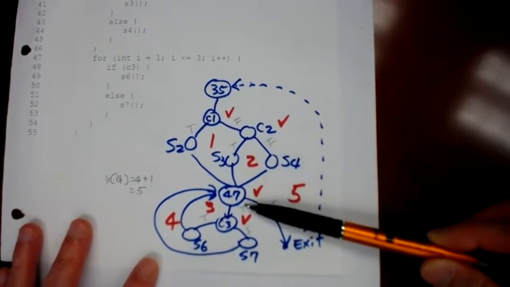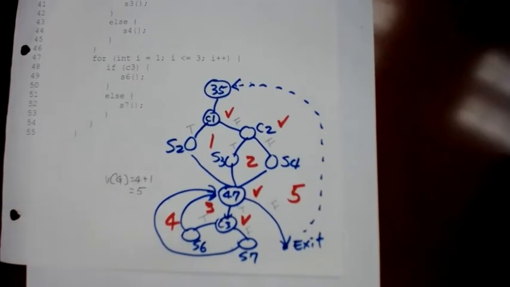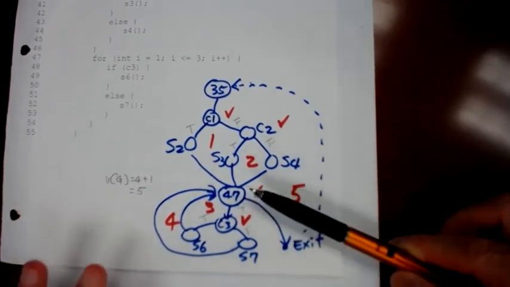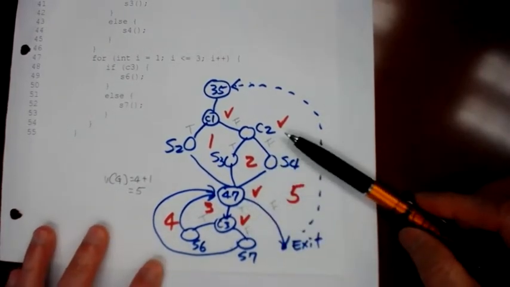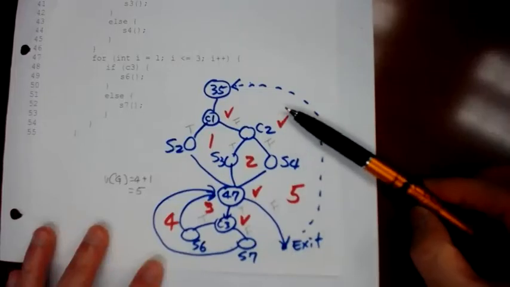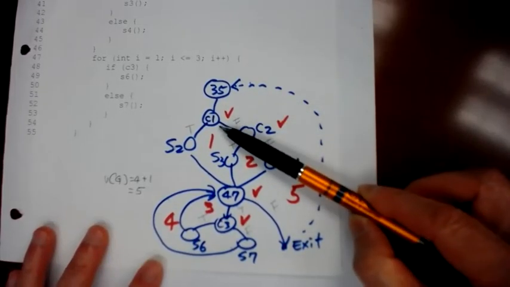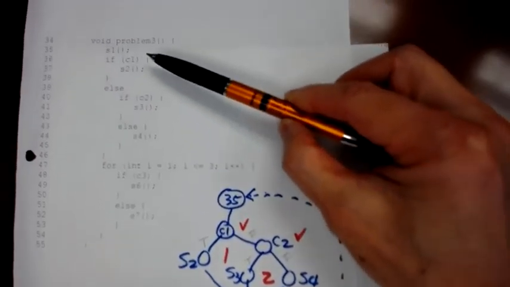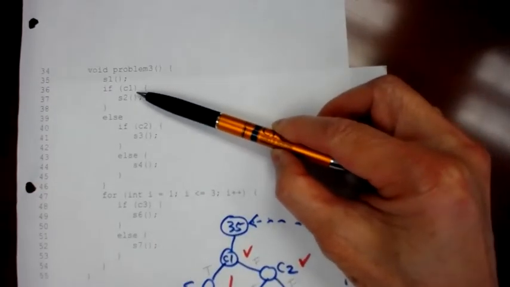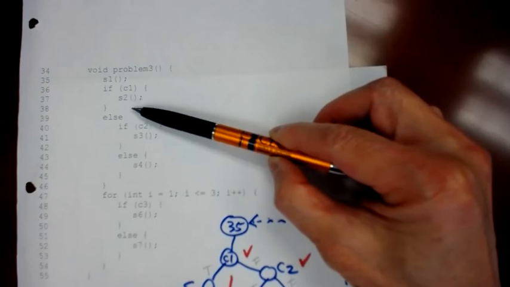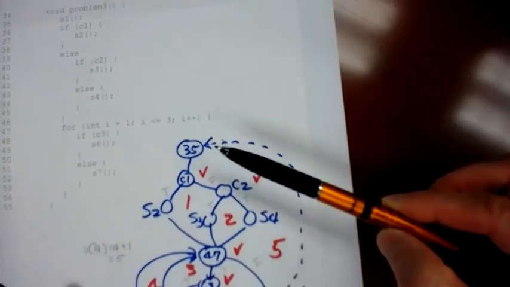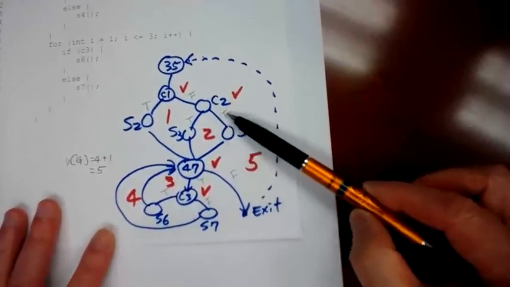This one just shows the program graph. The notation is not perfect, but the next one will be perfect. So we have C1. C1 is right here. When C1 is true, you go to S2. When it is false, you go to C2. So this is the program graph.